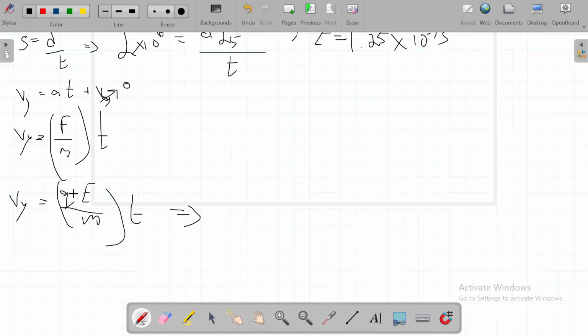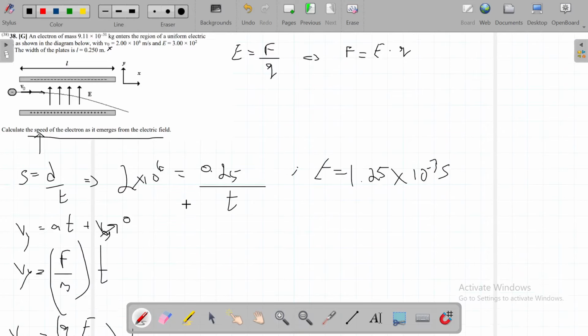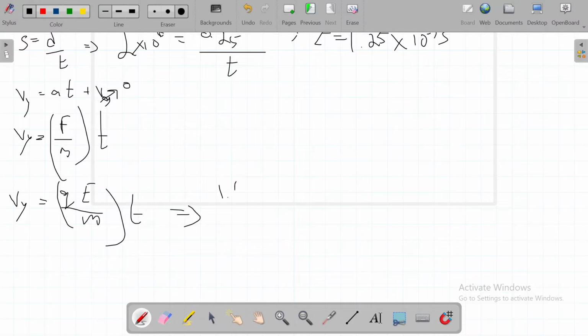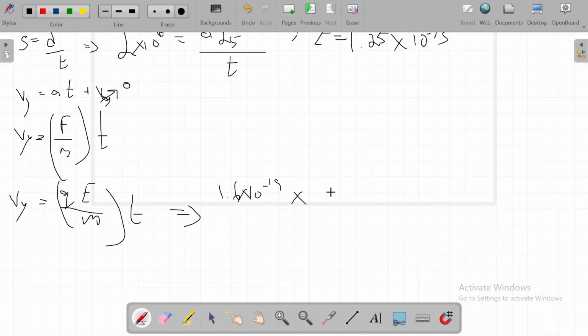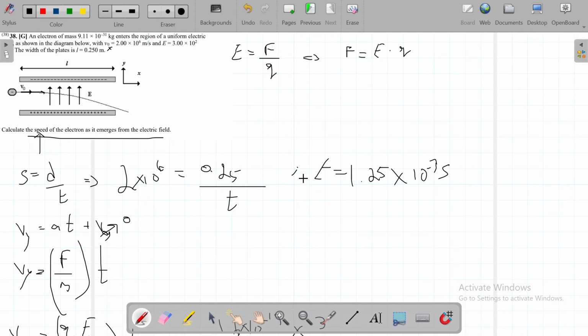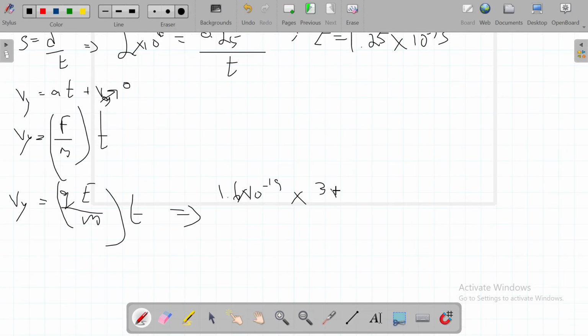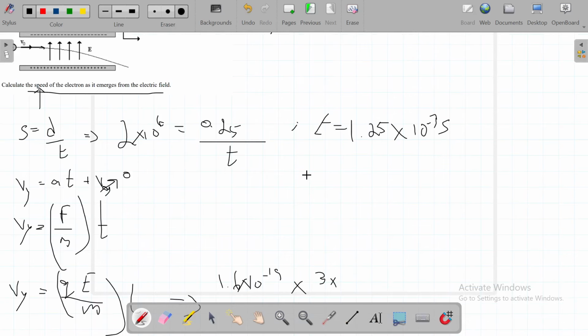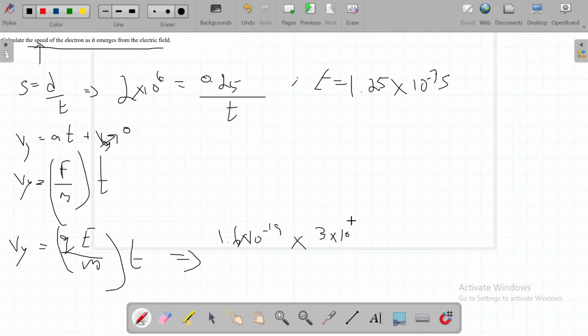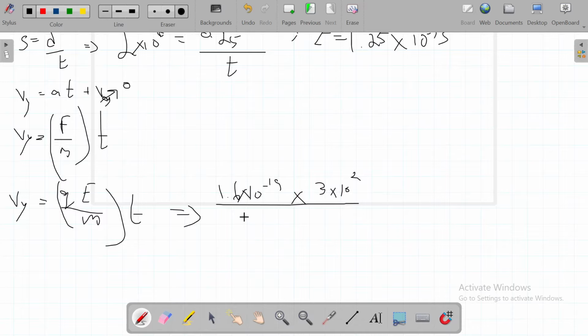So the charge of an electron is 1.6 times 10 to the minus 19 times your E, which was 3 times 10 to the power of 2, over your mass, which is 9.11 times 10 to the minus 31.